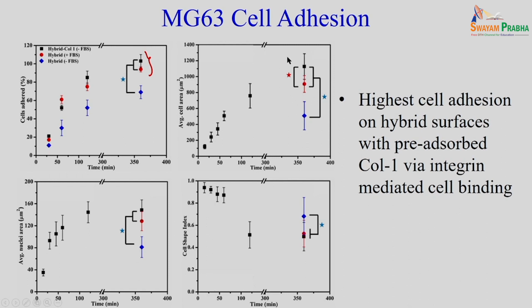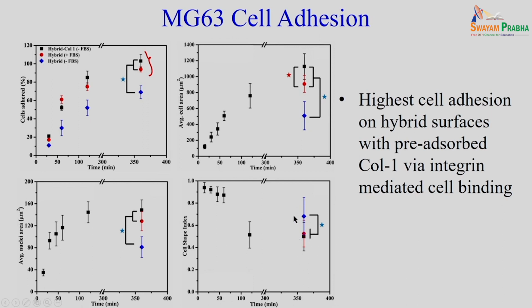This is the cell area, which again is increasing, and the maximum is observed when the surface was pre-adsorbed with collagen without FBS in the media. This is the average nuclei area, again maximum for the hybrid surface pre-adsorbed with collagen.